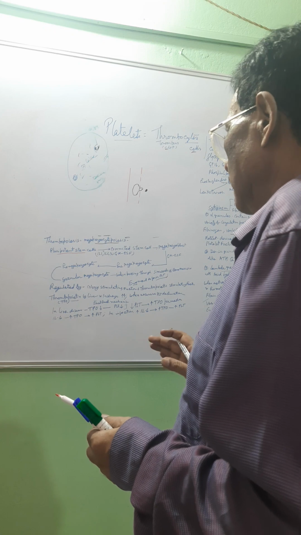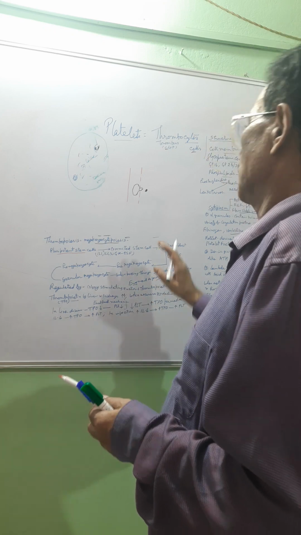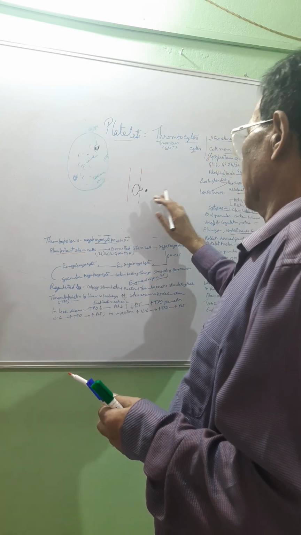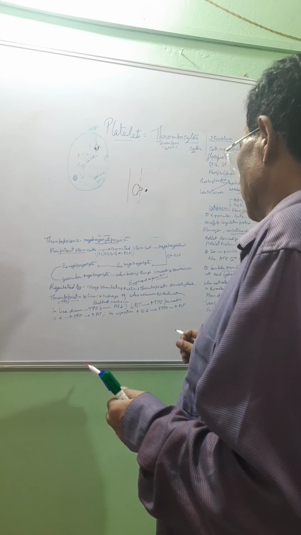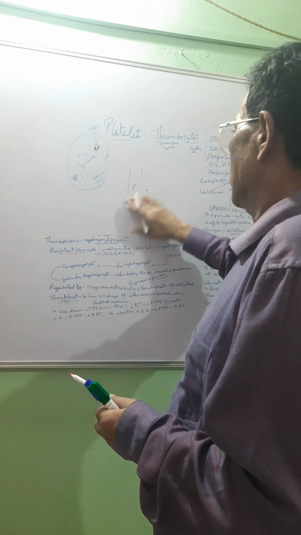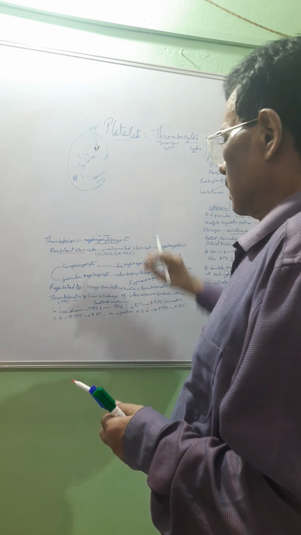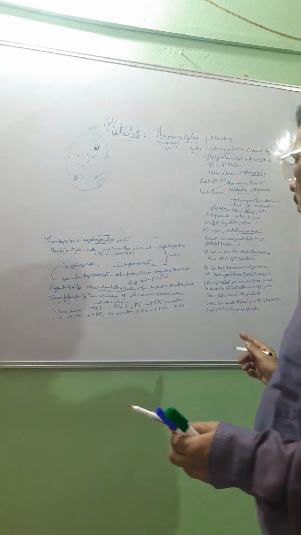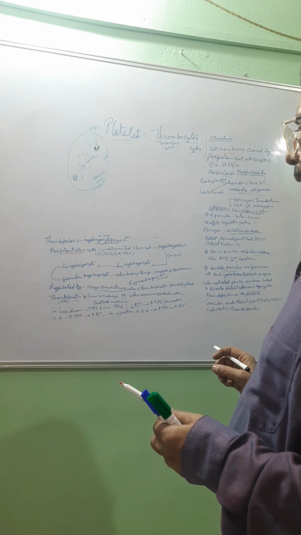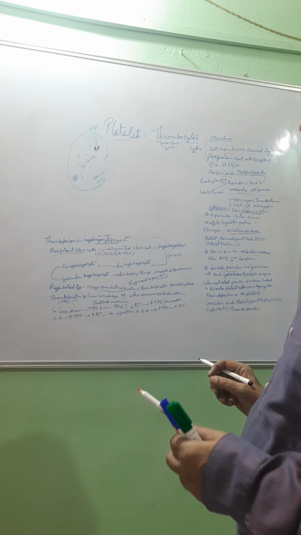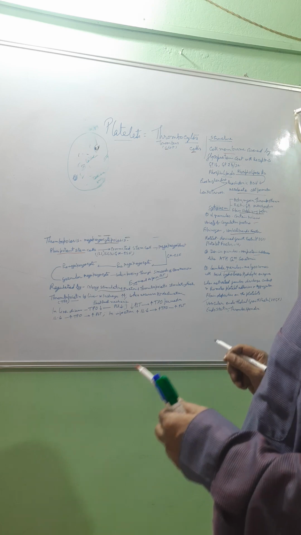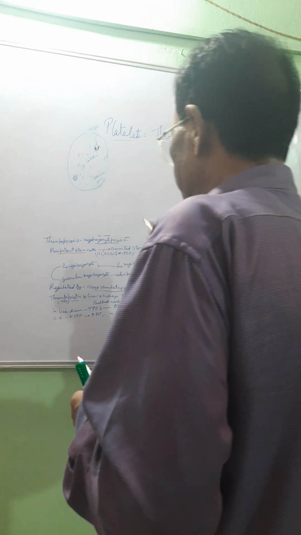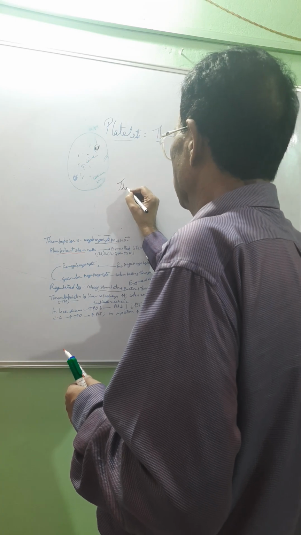Thrombopoiesis is regulated by colony stimulating factor and thrombopoietic stimulating factor. Thrombopoietin is secreted by the liver and kidneys, like erythropoietin.